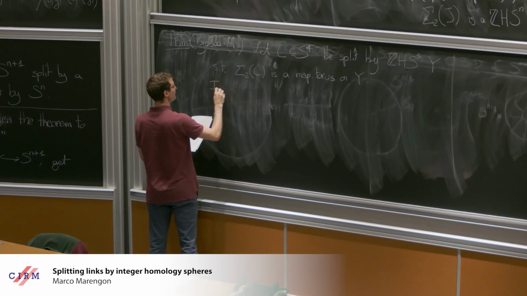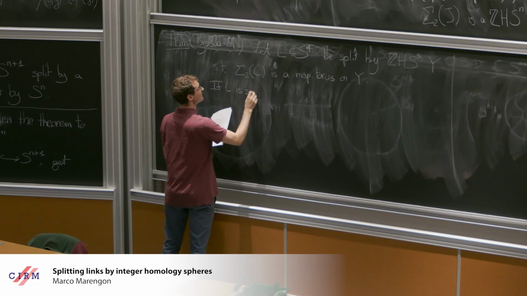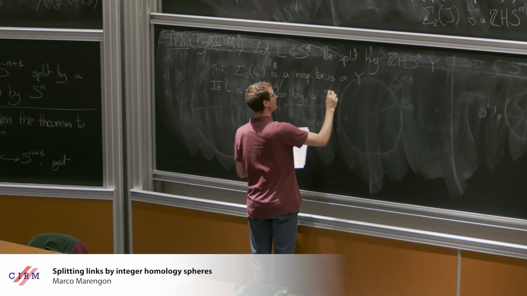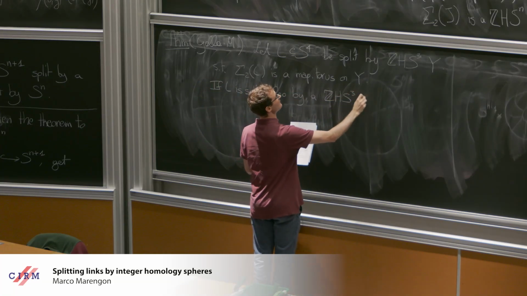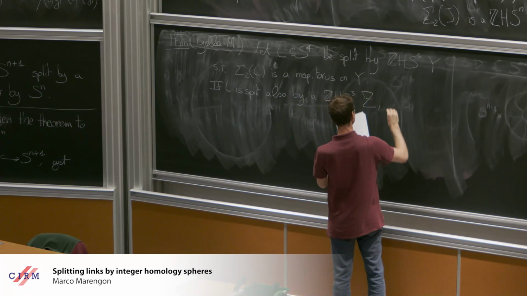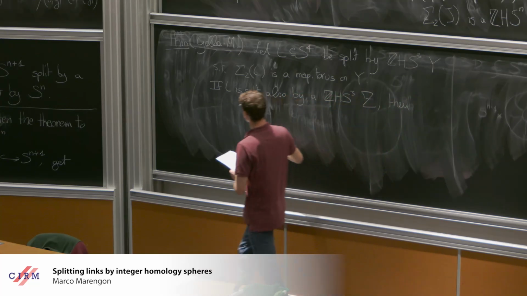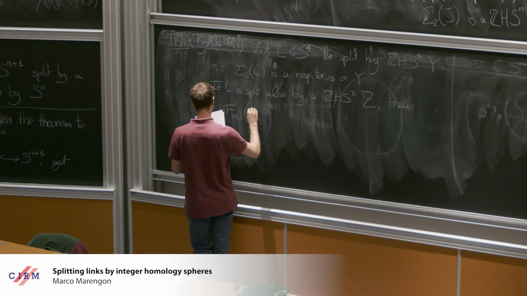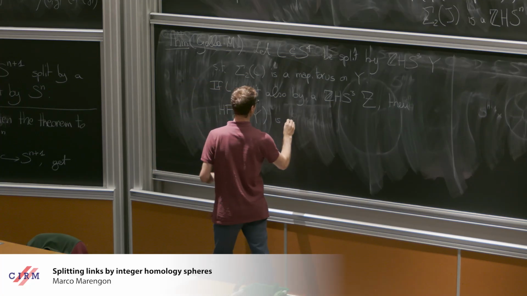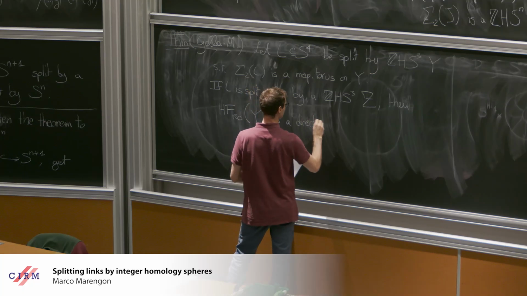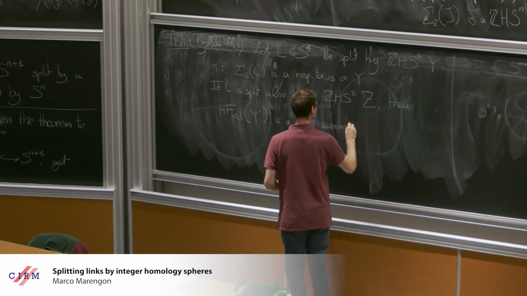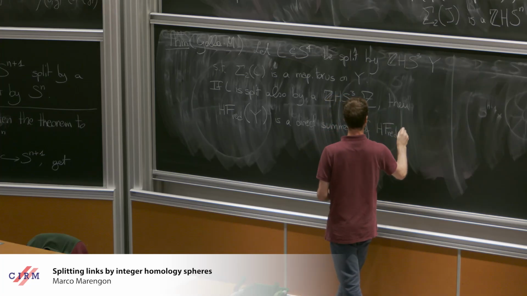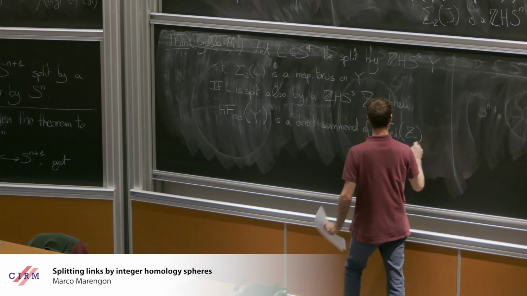Then, if L is split also by an integer homology sphere Z, then HF red of Y is a direct summand of HF red of Z.